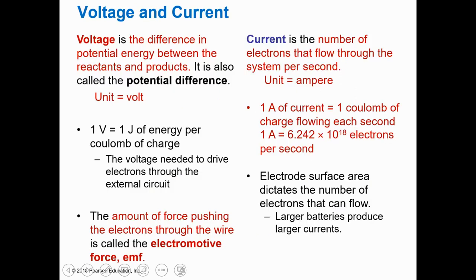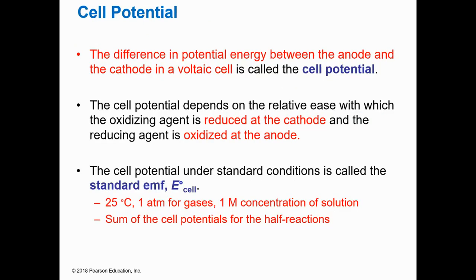All right, so voltage, that's what we use to measure. That's the difference in potential energy, and our unit is going to be volts. Later, we're going to talk about the electromotive force, and where currents come in amps, but not yet. All right, cell potential, that's what we call it when we're measuring that voltage. That's the difference in potential energy between anodes and cathodes.